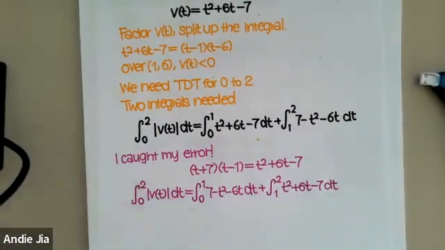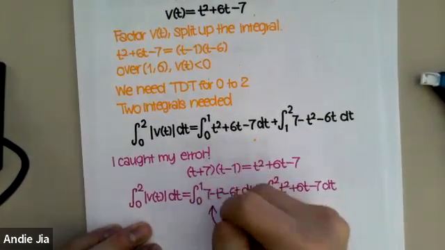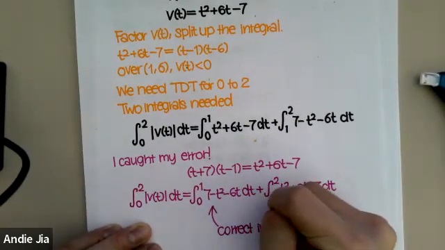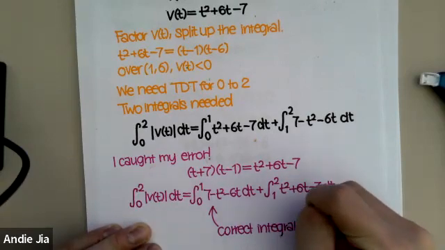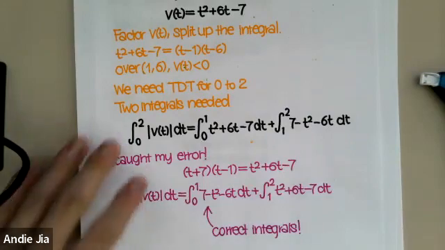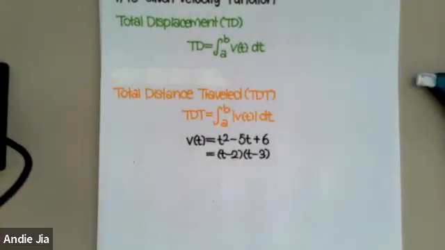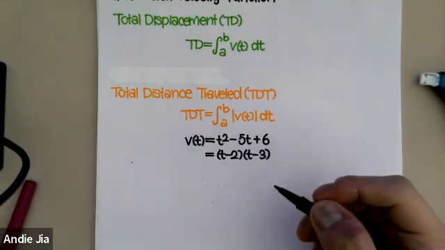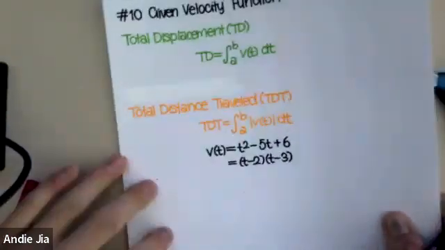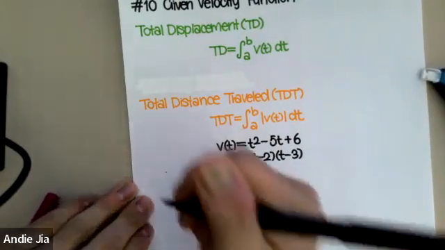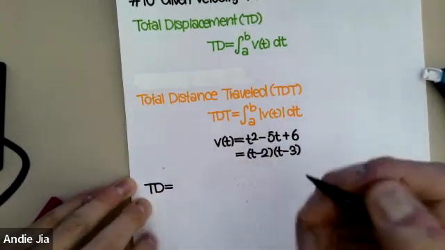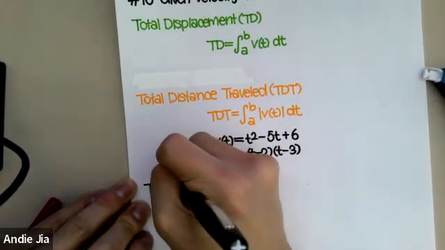And this is the correct integral. The factors are going to be 2 and 3, and it is negative between them. So we split them into 3 integrals. For TD from 0 to 4, we just evaluate this integral.